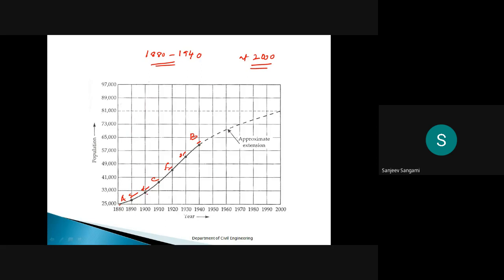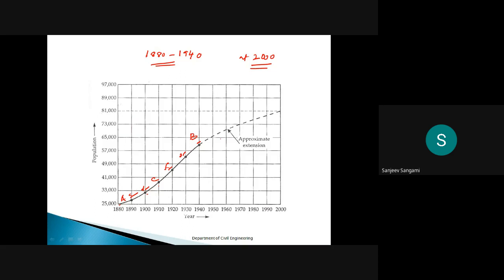For each successive point, the growth rate is calculated. Then the average of that is considered, and that average keeps being added. Automatically you'll get the simple trend of this method, which we call simple graphical. This line you have to extend.